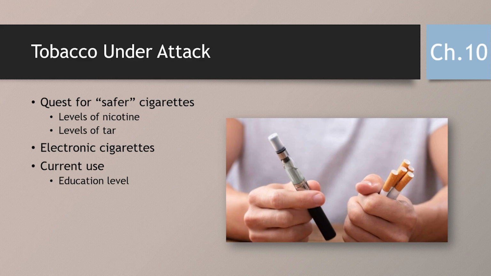With current use of cigarettes and nicotine in general, one of the biggest factors of use and, again, how much people use these really comes down to their education level. And this is a big thing that we see in correlational research and looking at who is more likely to be a smoker, again, in current modern times.